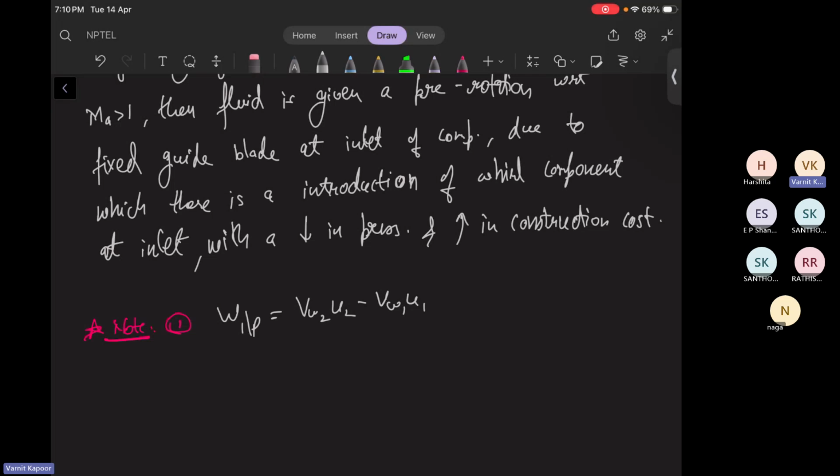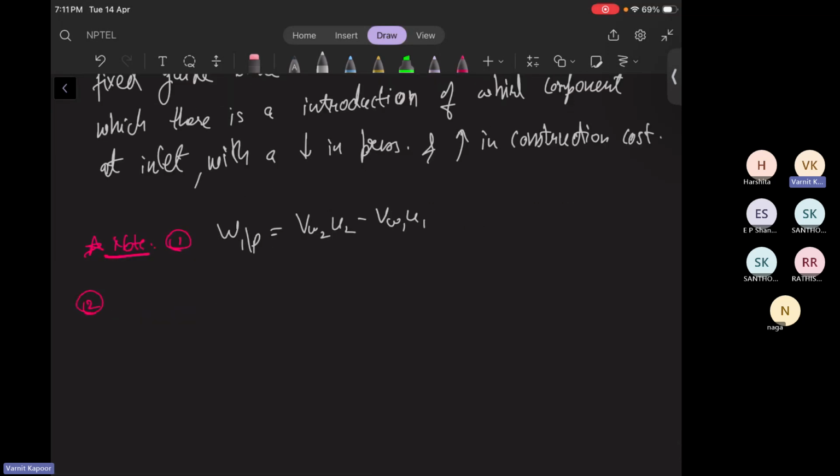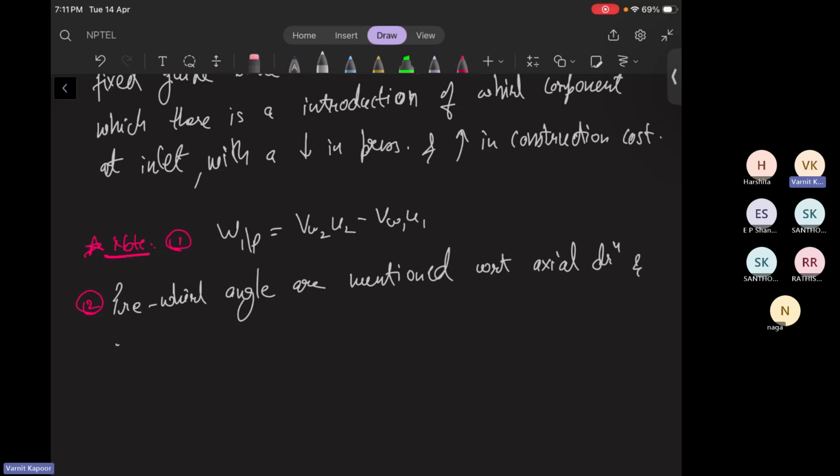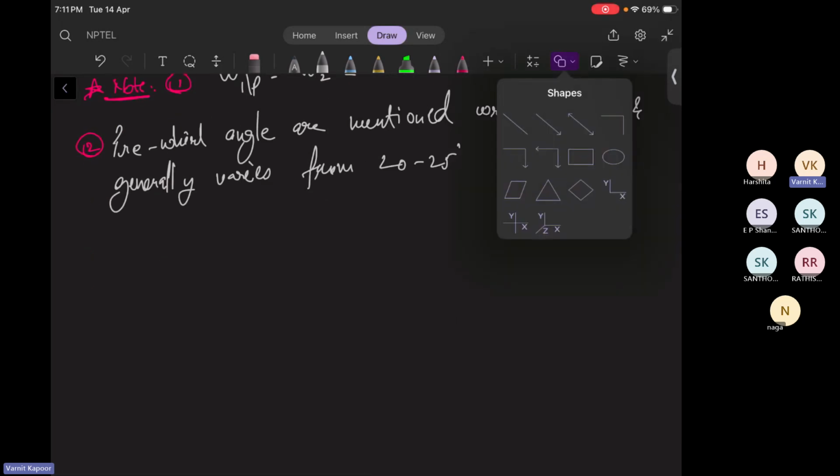The pre-whirl angles are measured with respect to the axial direction, and they generally vary from 20 to 25 degrees. Let me make the diagram at the inlet.